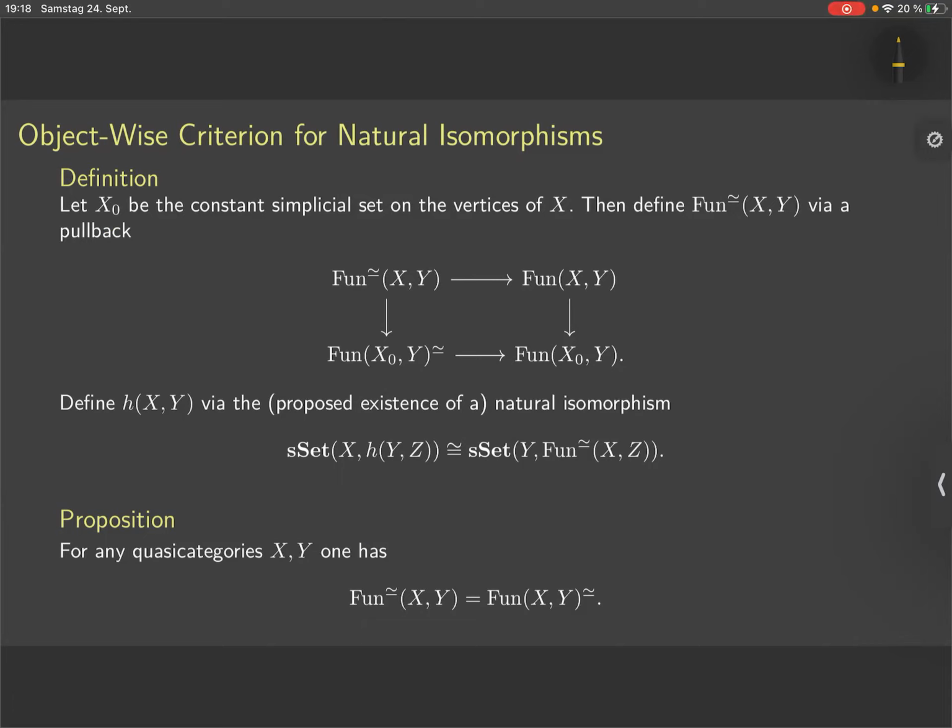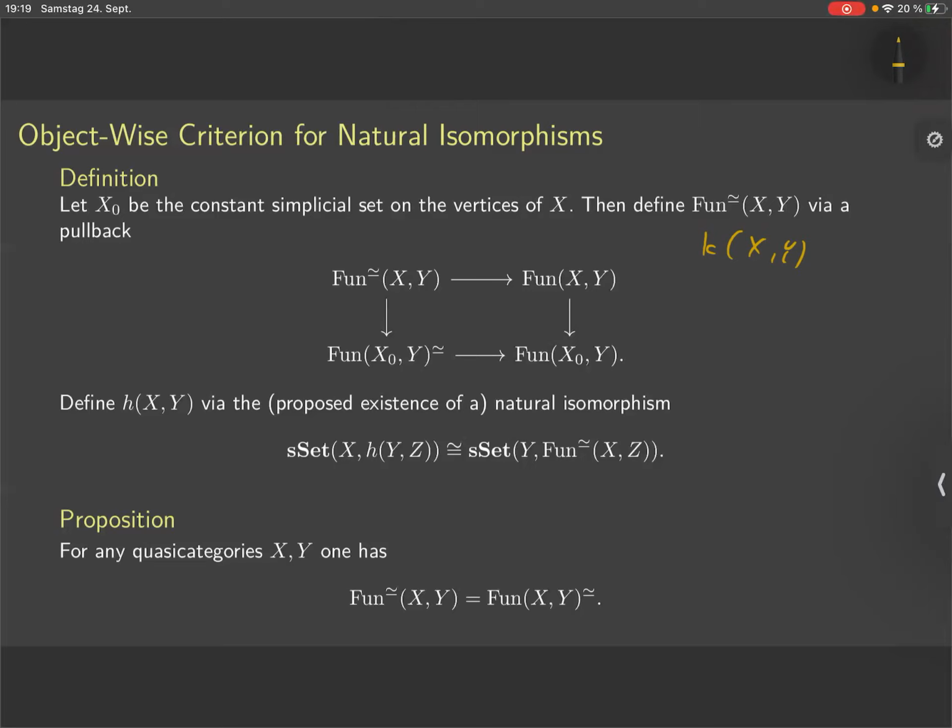Namely, we get the statement down here that we first define what are the object-wise invertible transformations. So Cisinski also writes K of X, Y for this set here. But I chose this functor core to make it explicit that it's somehow the object-wise invertible transformations. And yeah, the definition of this is this pullback again.